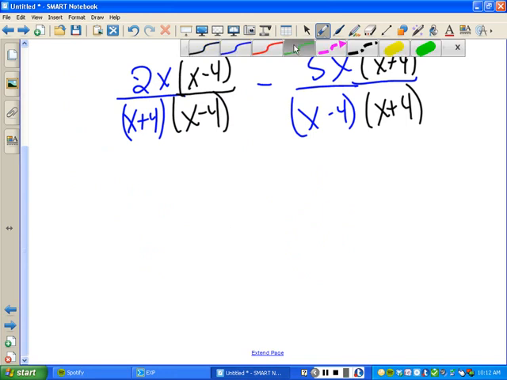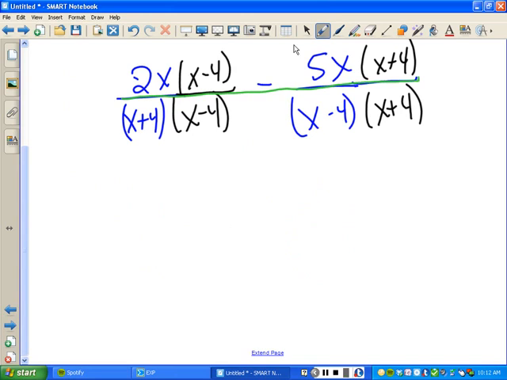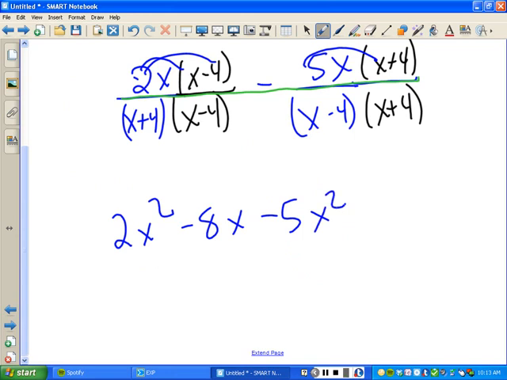Now, extend the line. Don't just distribute without extending it. 2x times x is 2x squared minus 8x. Minus 5x times x is minus 5x squared minus 20x.